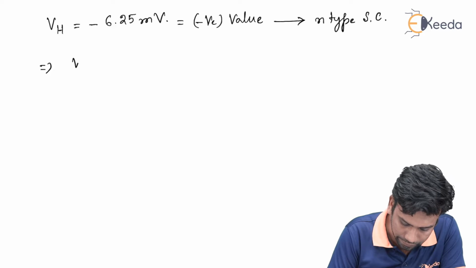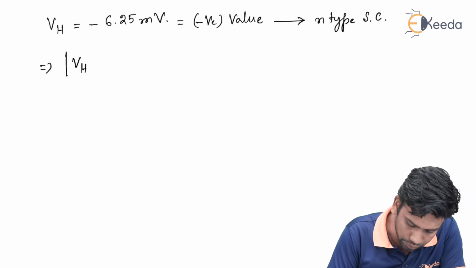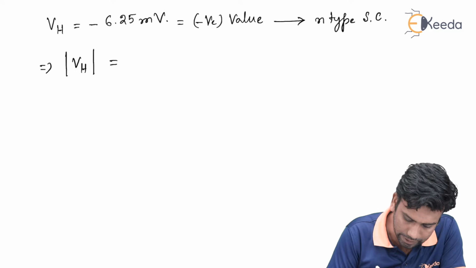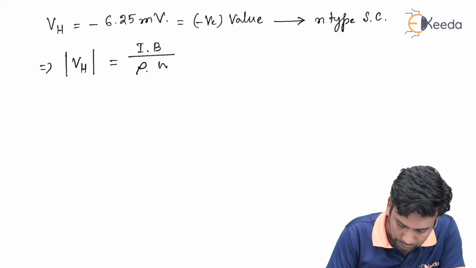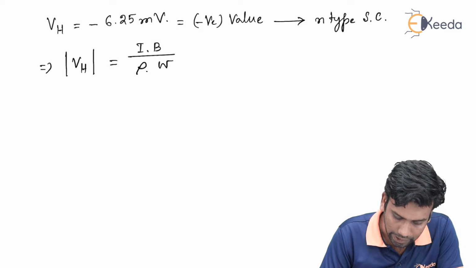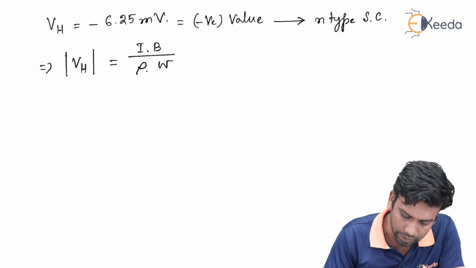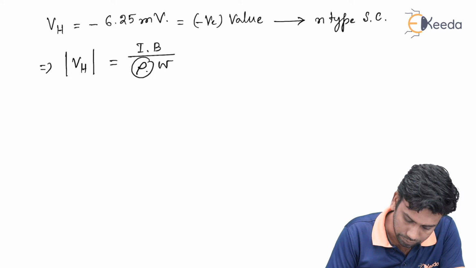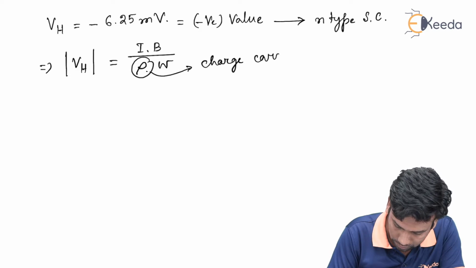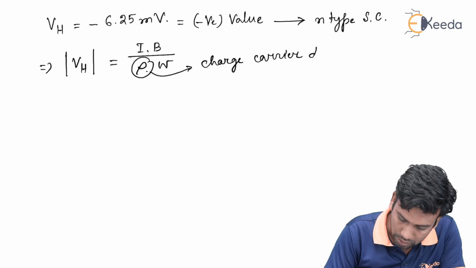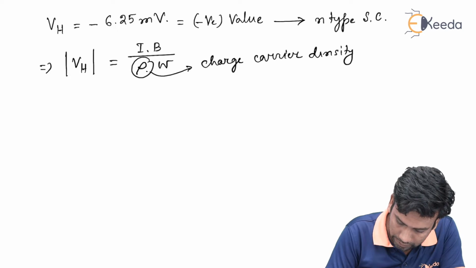the Hall voltage Vh, we know the Hall voltage has an equation of I into B divided by rho into W, and this B value has been given, I value given, W value given, and this rho is the carrier density inside the semiconductor.